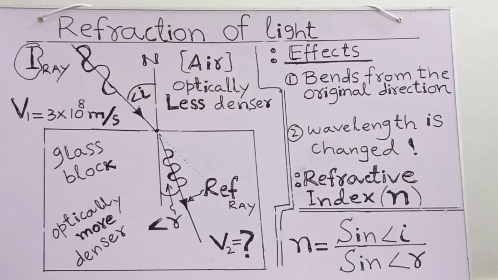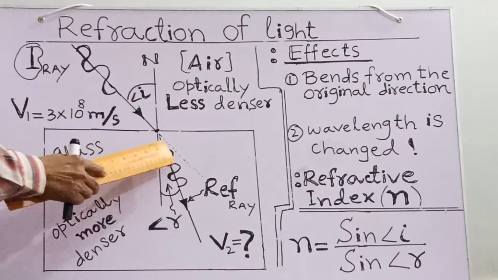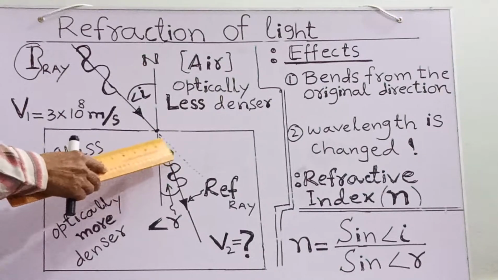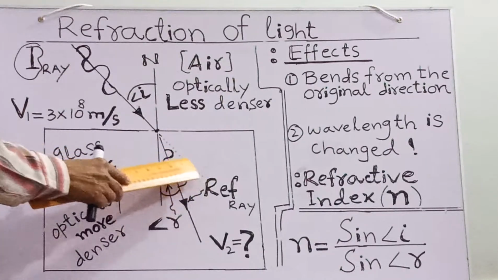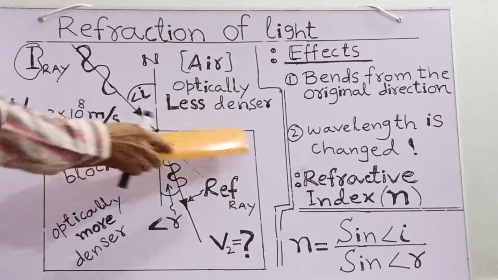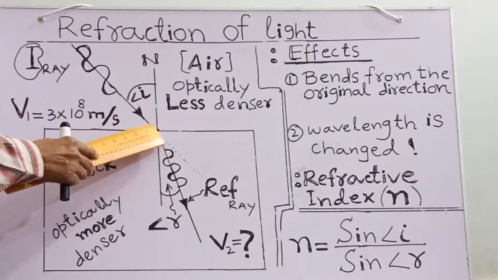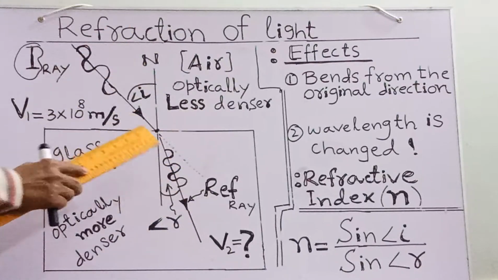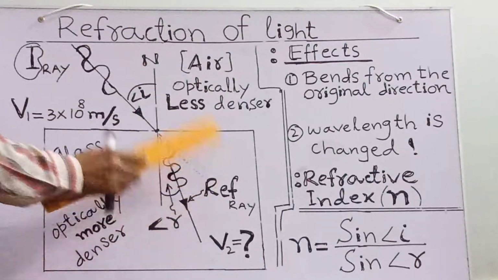Now, this dotted line shows the actual direction of propagation, the actual direction of traveling. If there were no piece of glass, then light would go straight along this path. This is the original direction.